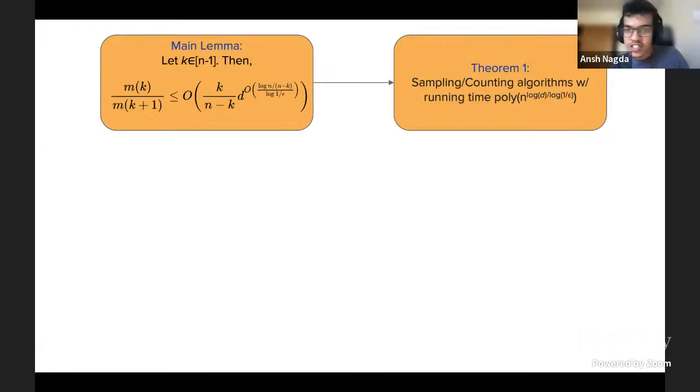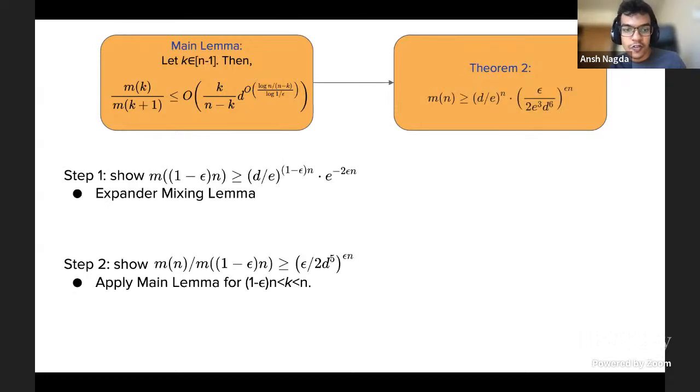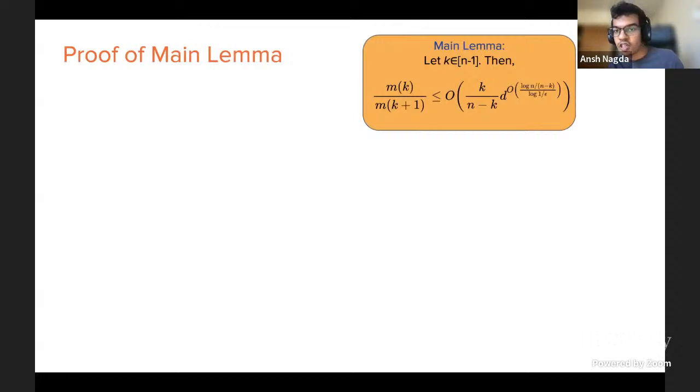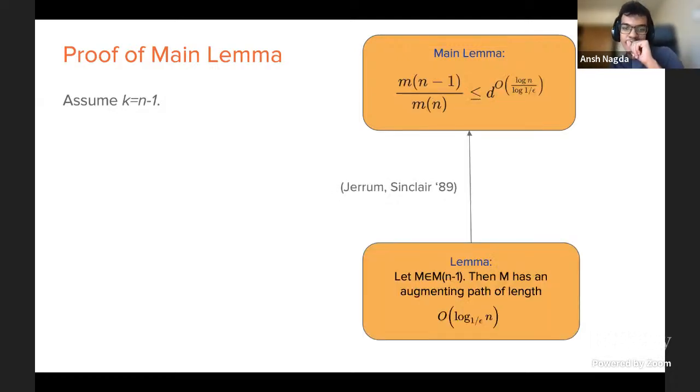In the interest of time, let me skip how these results are proved from the lemma, and let me tell you a few things about how to prove this lemma. Let's assume k is n-1 to simplify the lemma. It turns out that this kind of lemma has been studied before in bipartite graphs by Jerrum and Sinclair and some others.